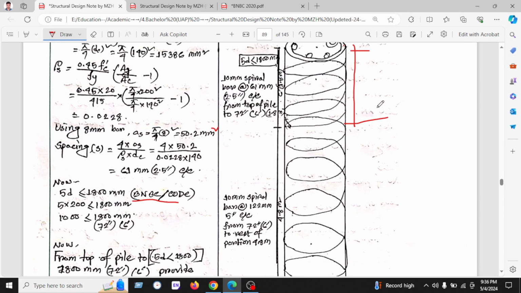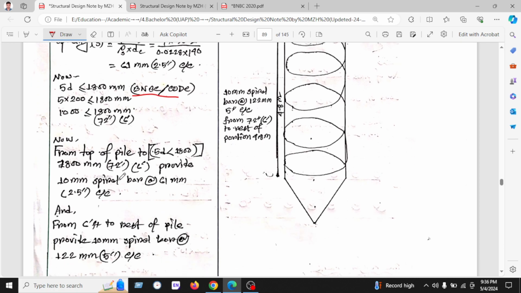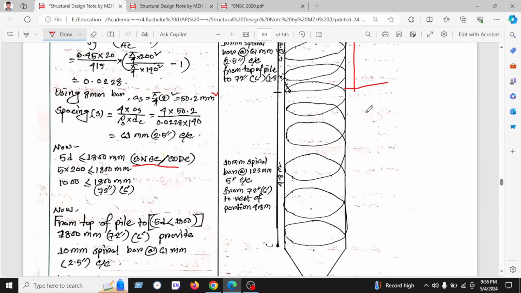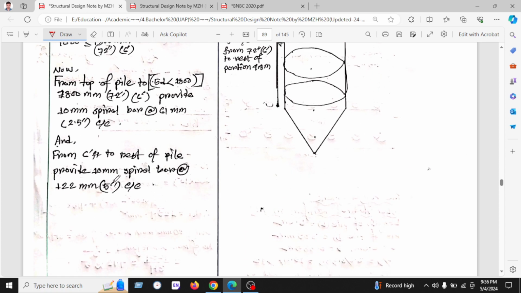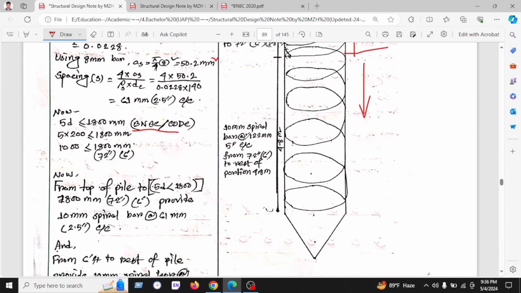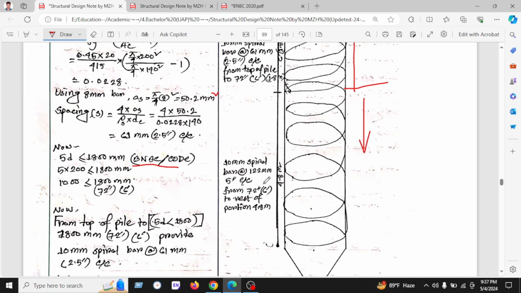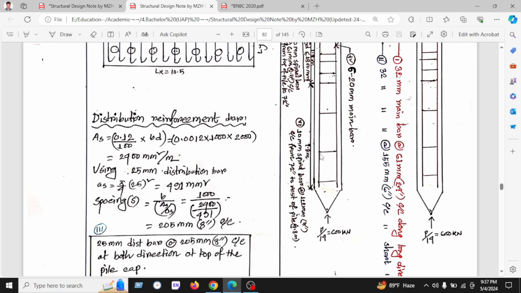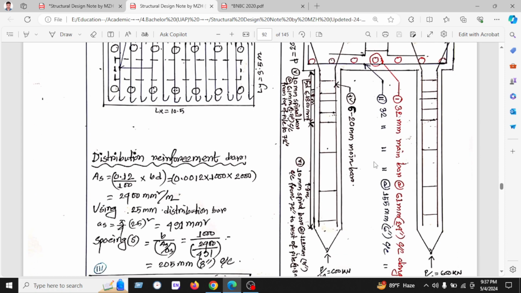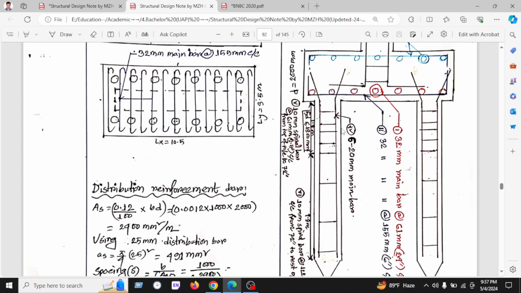So this is our calculation, and we have found that for the rest of the column, after this 6 feet, the spiral bar will be at 5 inches center to center. Here is the 10 millimeter spiral bar at the rate of 125 millimeter or 5 inches center to center from 72 inches or 6 feet to the rest of the pile, or 4.8 meter. This is the main scenario of the pile. We will not design the pile cap as we will design the pile.